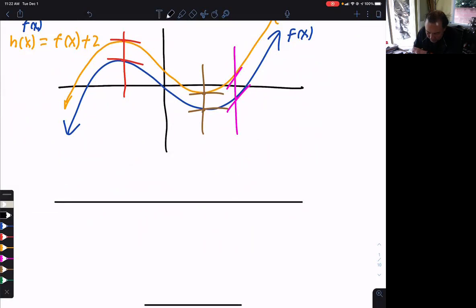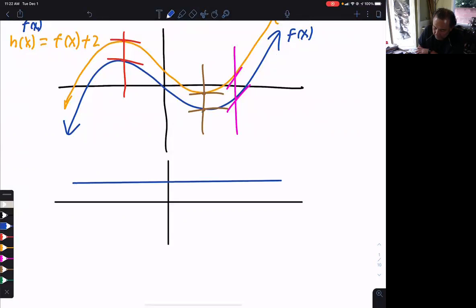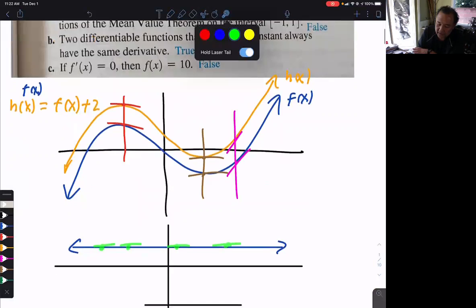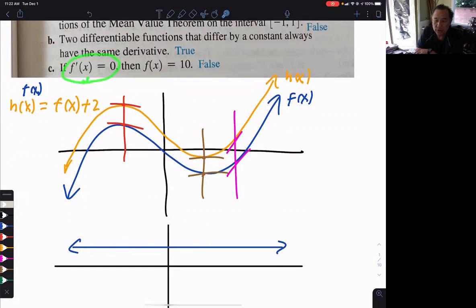That looks pretty horizontal. If you look at every single point on that line, the tangent line has a slope of 0. So that's what this is saying. If you have a function whose derivative is always 0, clearly you have a horizontal line.